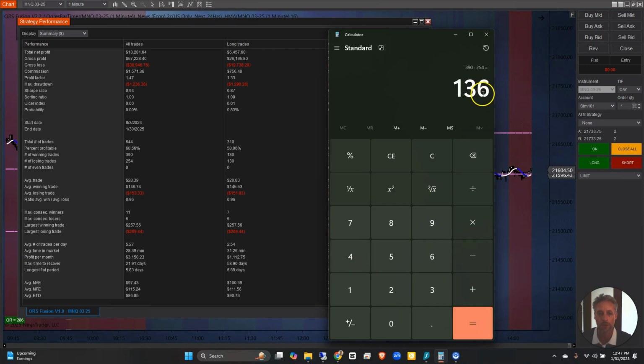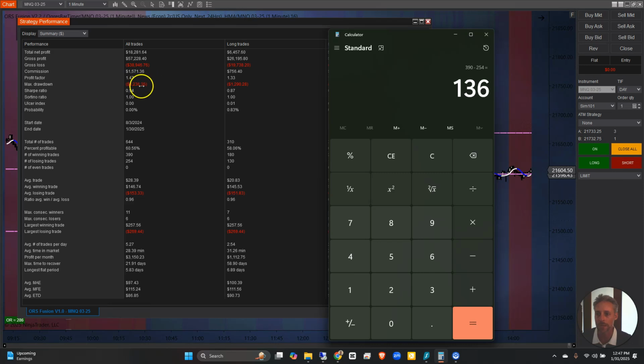Now we get 136 net wins across 180 calendar days. Right now we're risking 2 micros, which is about $150 on average, and about $18,200 after commissions. So that's with 3 net losses.